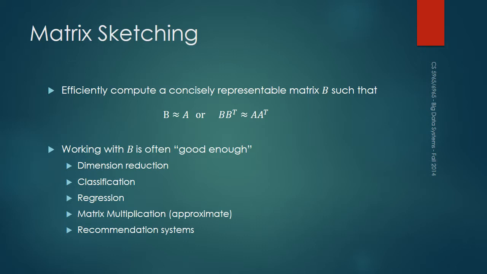One is with the matrix itself, subject to some norm, or in terms of the covariance matrix itself. So for a lot of the statistical operations, for a lot of machine learning codes, it's the covariance matrix that's important. So you want to make sure that it's also similar in the covariance matrix sense. And when we look at it, you'll realize that from SVD, they're going to end up being somewhat similar as well.